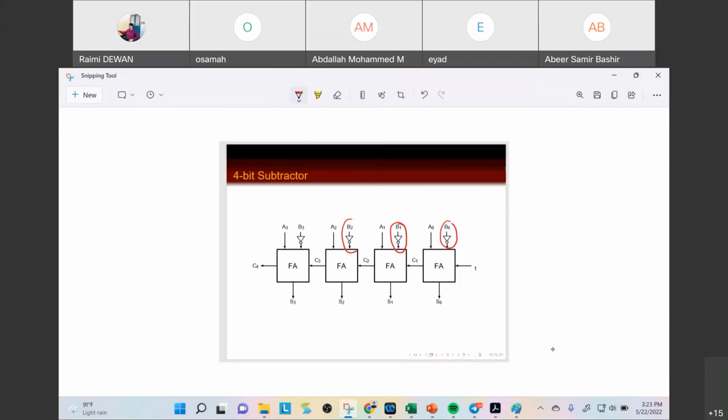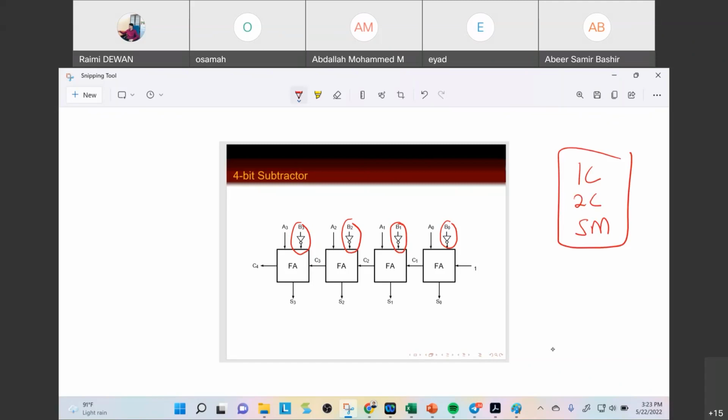This is your binary negative number, but again it depends: are you going to use one's complement, two's complement, or sign magnitude? Make sure you are versatile in all of this, because the question can give you anything.